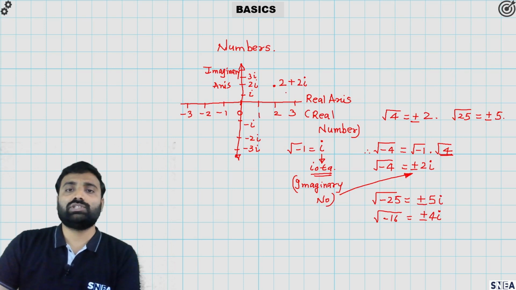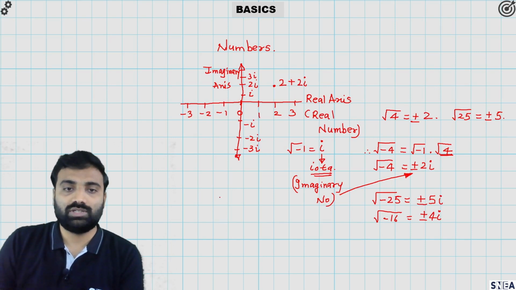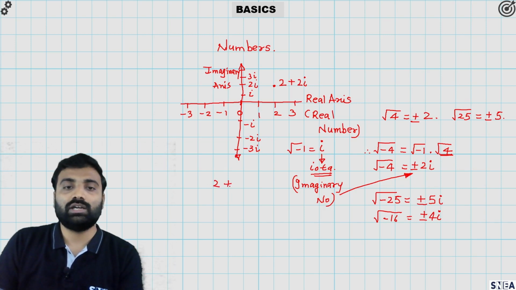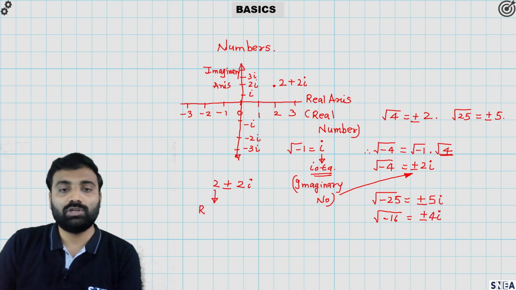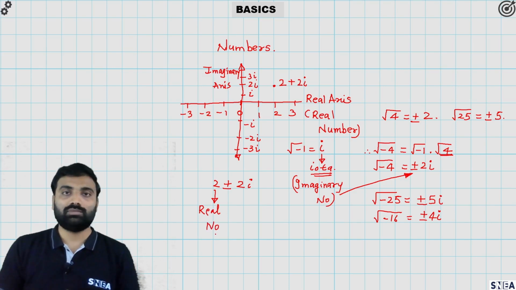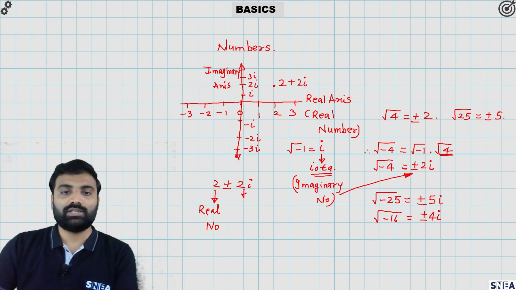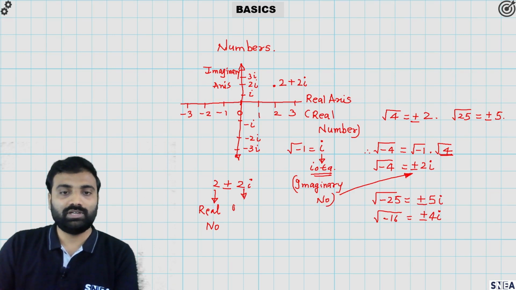Okay, so such a number, students: if I write here 2 plus minus 2i, in that, the 2 is on which axis? The real axis, so it will be treated as a real number. In the same way, 2i lies on the imaginary axis, so it will be treated as an imaginary number.